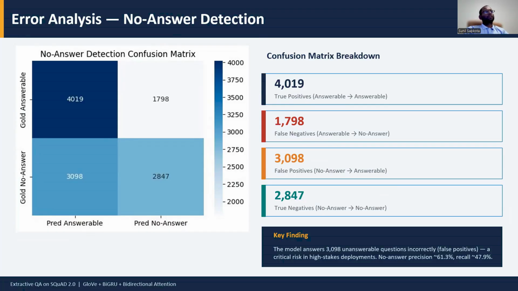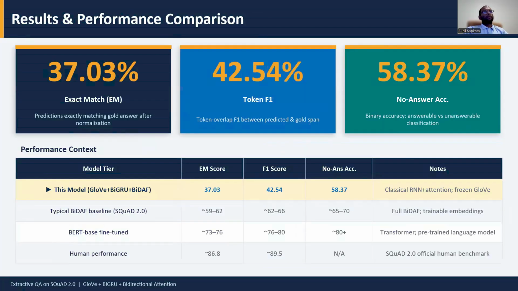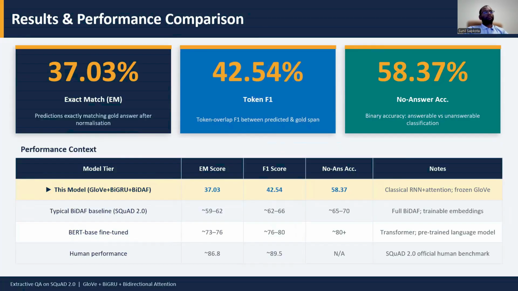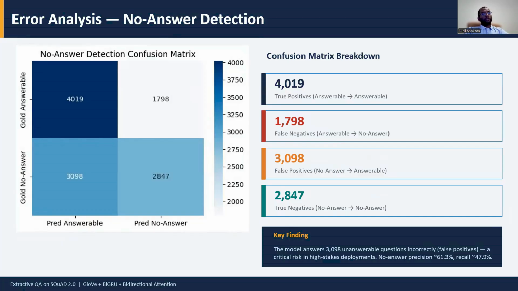If you sum the two correct ones and the two wrong ones and convert to percent, it gives 58.37% accuracy. We can decrease the wrong values and increase the no-answer accuracy by tuning the hyperparameters.